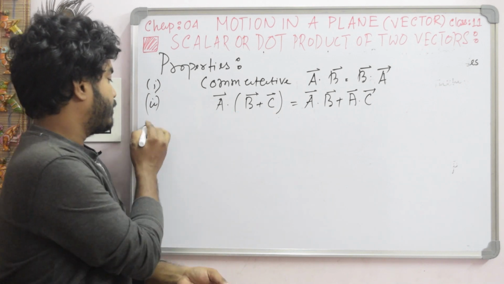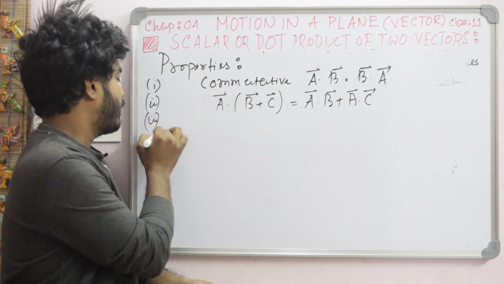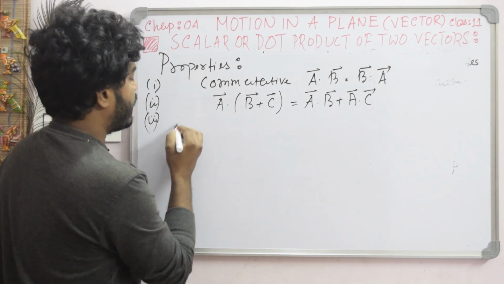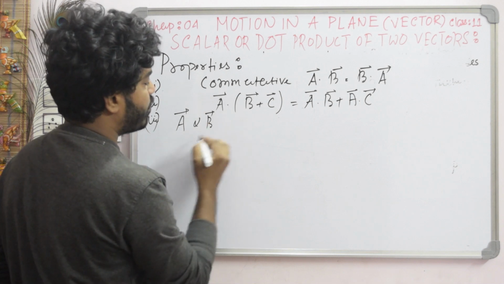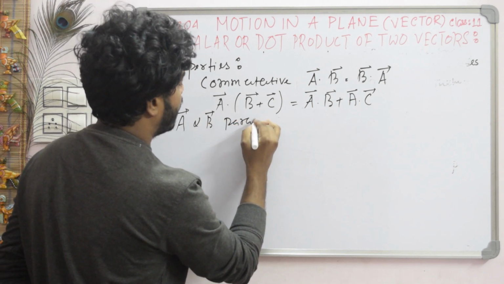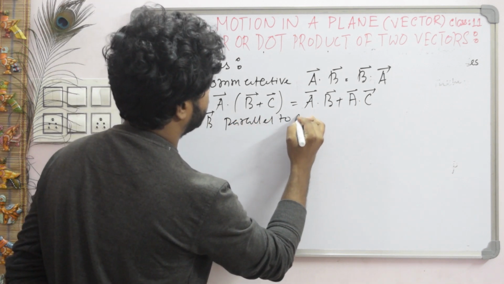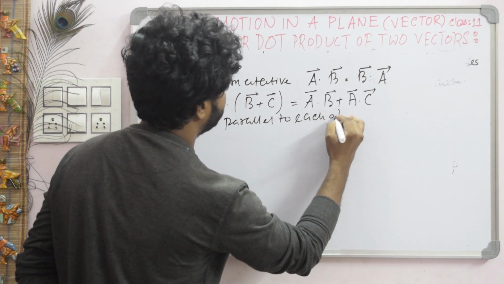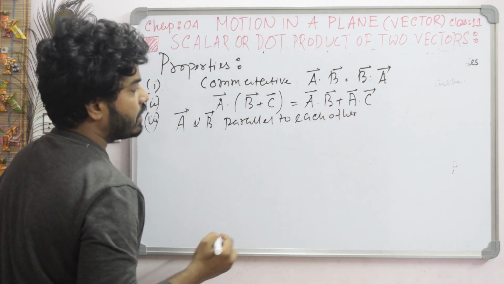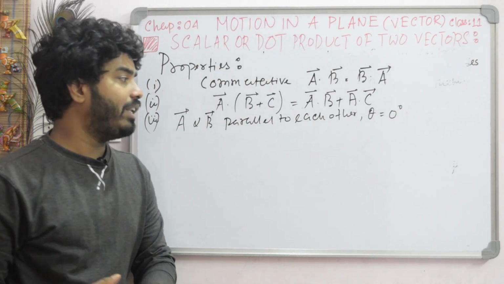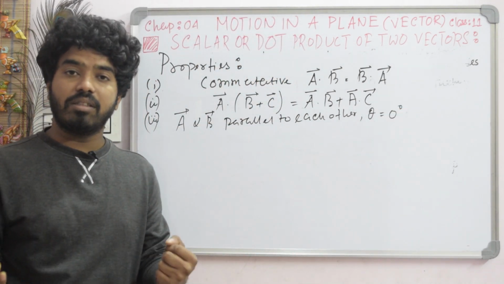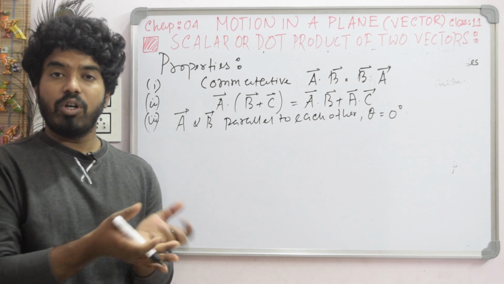Okay, now the third one. Consider vector A and vector B are parallel to each other. That means theta is equal to 0 degree. When they are parallel, what is the value of the dot product?